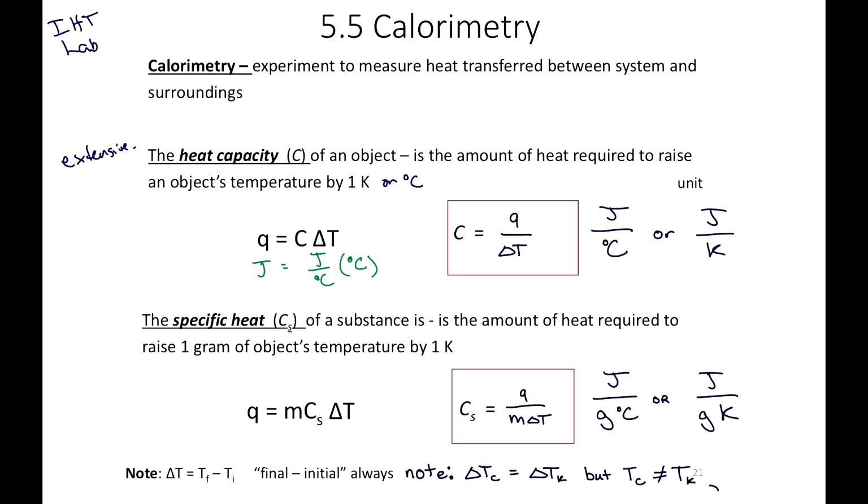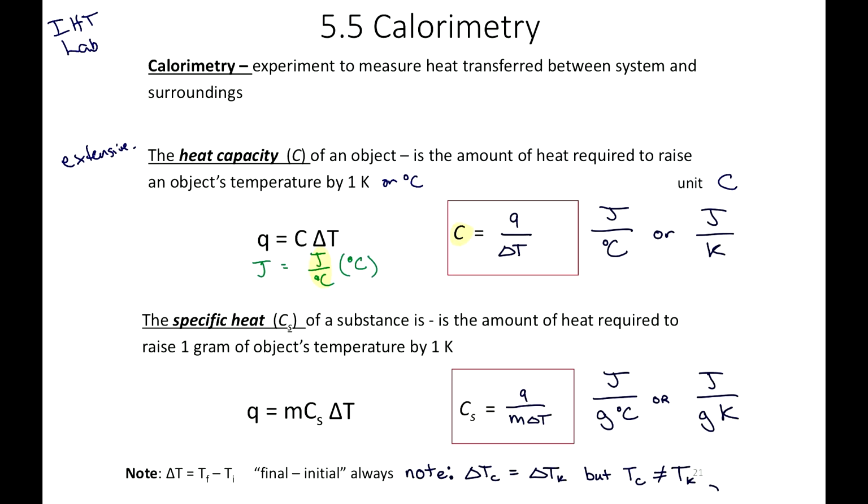So we can rearrange this equation to say, oh, heat capacity is equal to the Q of your process over the change in temperature of your process. So the unit of heat capacity can be joule per degree Celsius, like I said before, or joule per Kelvin. It's the same value. And I'll show you why in a second. Right? So that's heat capacity. It's heating an object. It's an extensive property because your object could be big or it could be small.